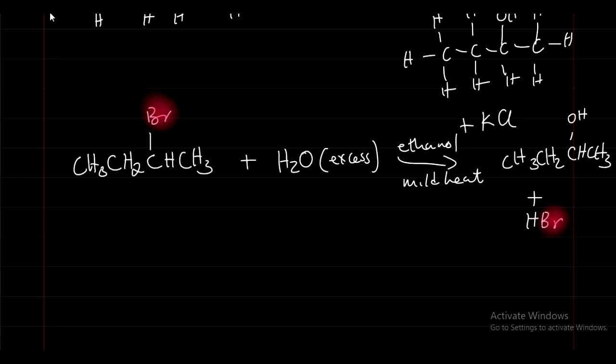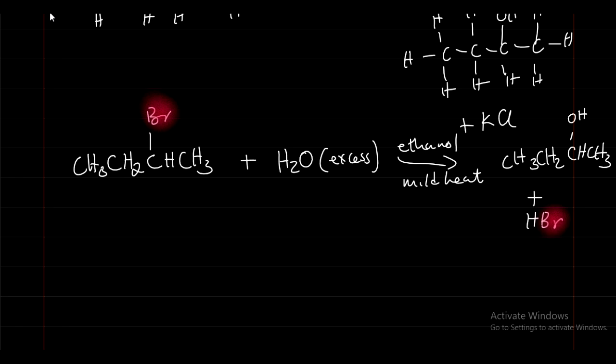They say you must create a primary alcohol. So the easiest way to create a primary alcohol is to do a substitution of a primary haloalkane with water or a dilute strong base. That's the easiest way to get a primary alcohol.